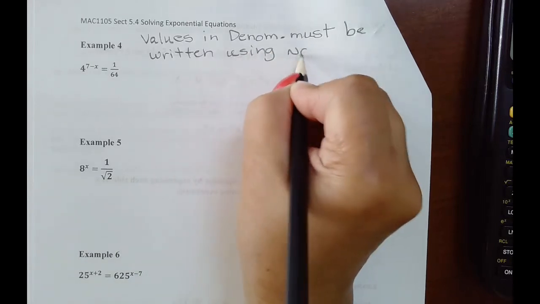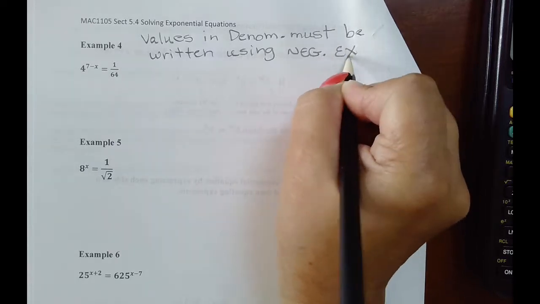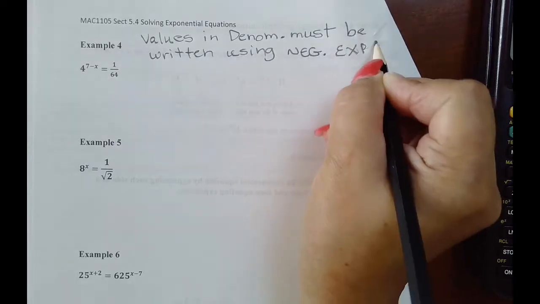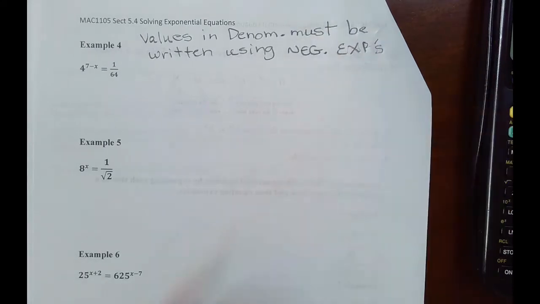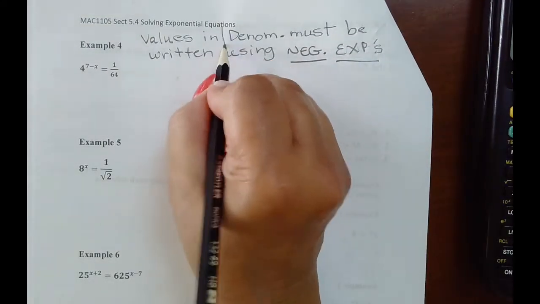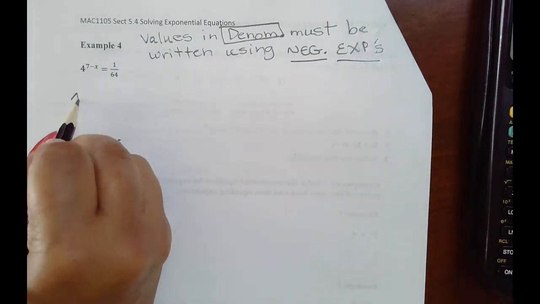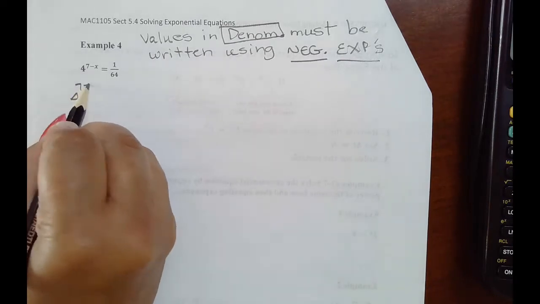Okay, that'll appear in the work over and over again, so we need to get a hold of that. That when we rewrite things in exponential form, they're written using negative exponents if they are found in the denominator. So this one's already in base exponent form.